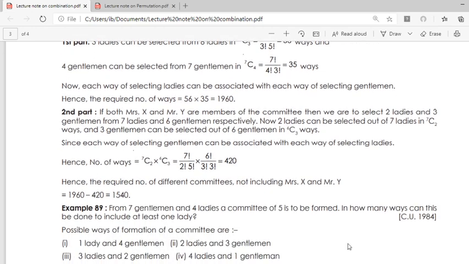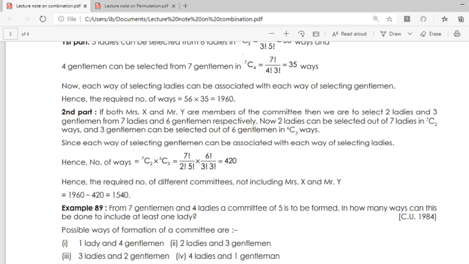That's how we got 7 combination 2 times 6 combination 3. When you do that, you have 420. Now take it away from 1660. That's how you got this.